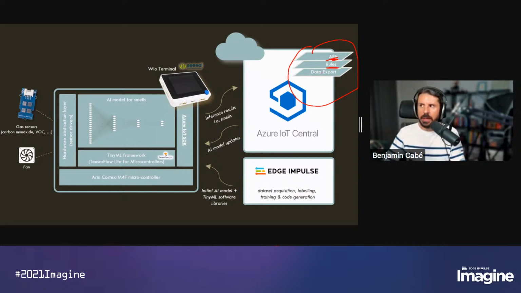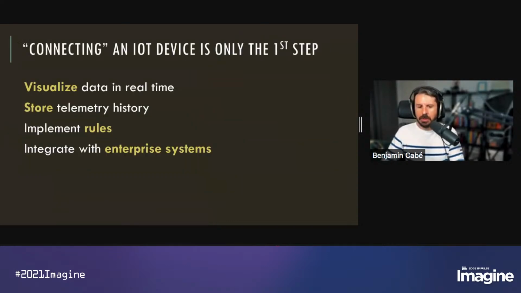If I'm picking up the smell of burning food for more than 5 seconds, trigger an alert, whatever an alert is for you: sending an SMS, logging a ticket in Jira, could be anything really, right? Or you could implement some kind of data exports. And so we're going to do just that, right? A quick demo of how some of that looks in IoT Central in terms of visualizing data and implementing some rules.